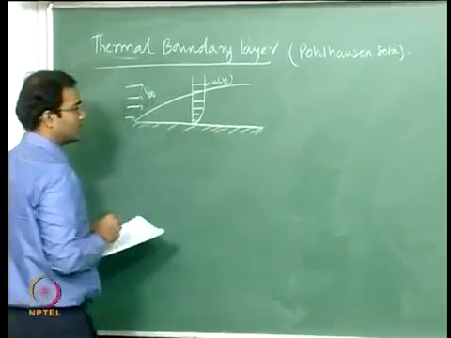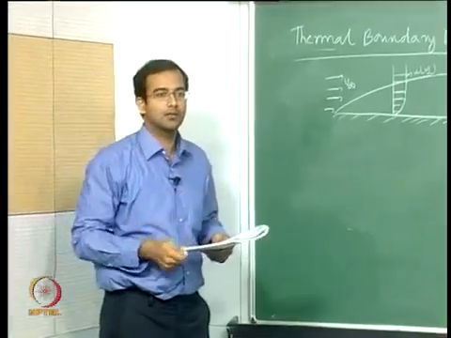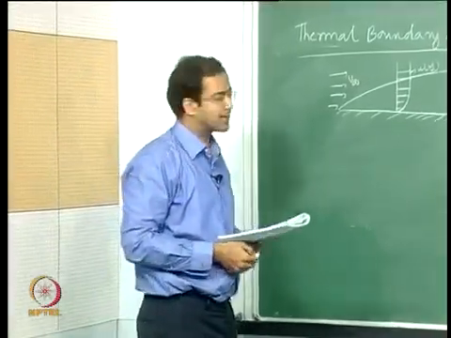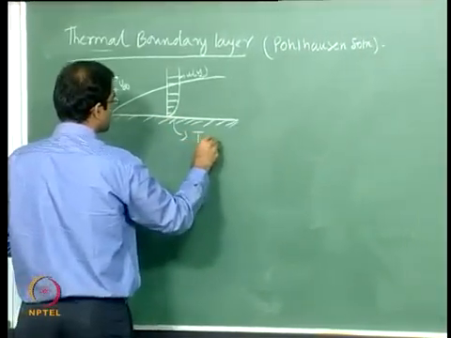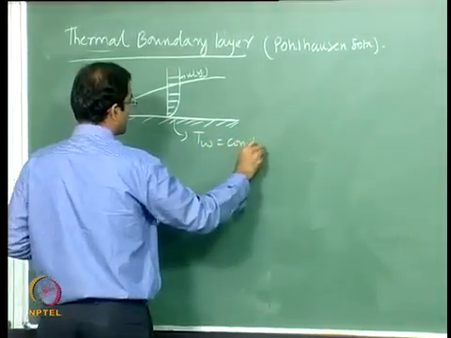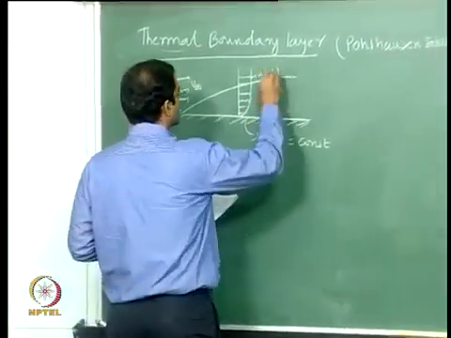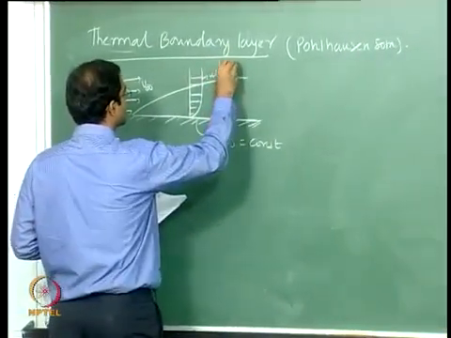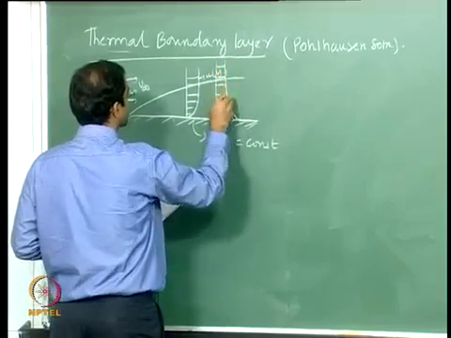You can also do a case with constant heat flux. I am not going to do it now, but a similarity solution is also possible for that case. I will leave that as an exercise to you. What Pohlhausen did was take the wall temperature to be uniform, and then he was interested in calculating the solution for the temperature profile.